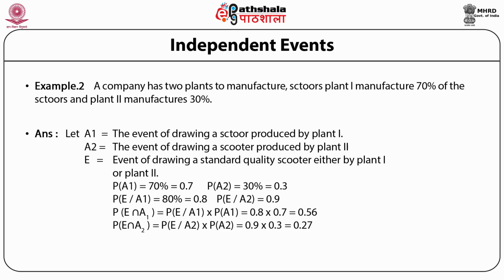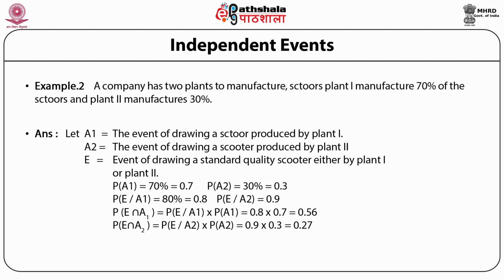Probability of drawing a standard quality scooter when plant 1 is selected is 0.8. And probability of drawing a standard quality scooter when it is selected from plant 2, that is probability of E when A2 has already occurred, is 0.9.